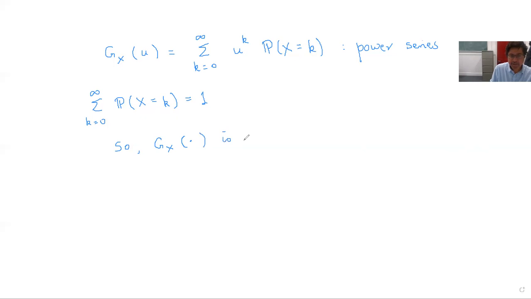And it is a convergent power series on the unit disk in the complex plane. So it's a convergent power series on the set of complex numbers u such that the modulus of u is less than or equal to 1.